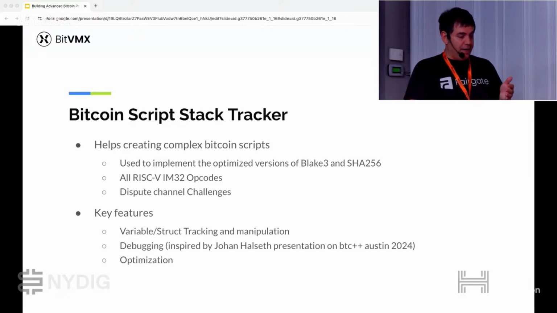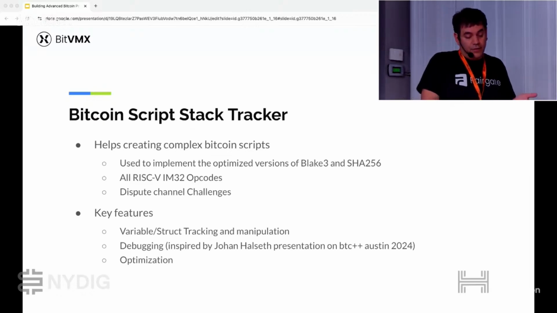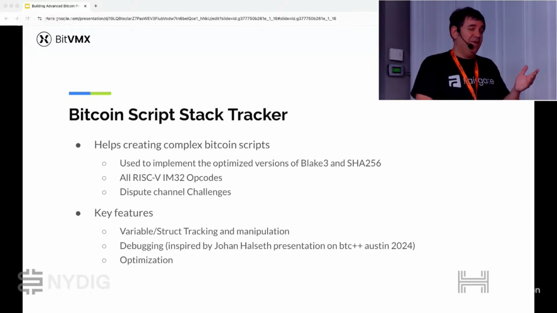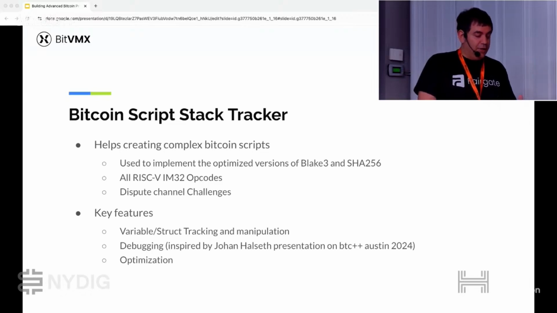And also, we have a debugger. I was inspired by Johan Halset. I think I saw him here before. He presented something similar in Austin last year. Basically, having the ability to debug big Bitcoin scripts is a key for doing this. There are a couple of IDEs on the web, but they are not good enough when you start doing something very big.